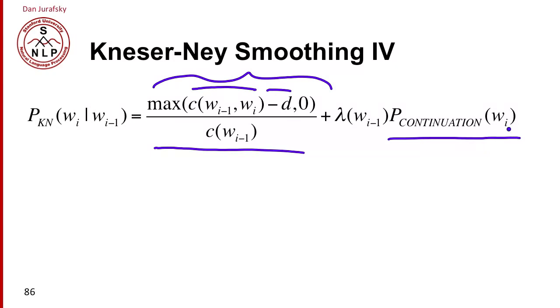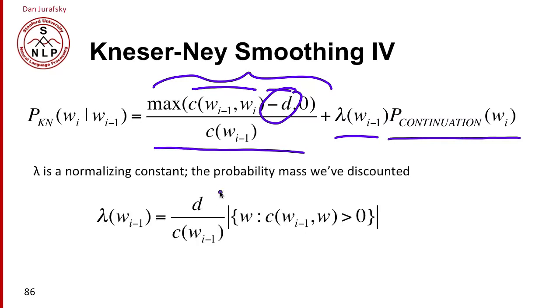And the lambda, now let's talk about how to compute that lambda. The lambda is going to take all that probability mass from all those normalized discounts that we took out of these higher order probabilities and use those to weight how much probability we should assign to the unigram. We're going to combine those.